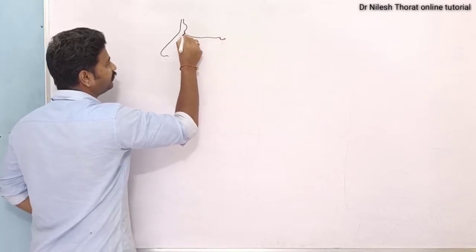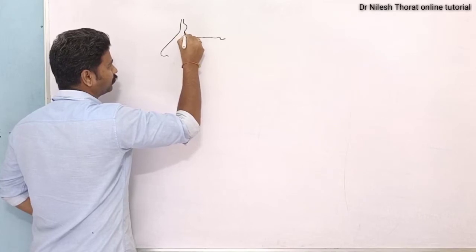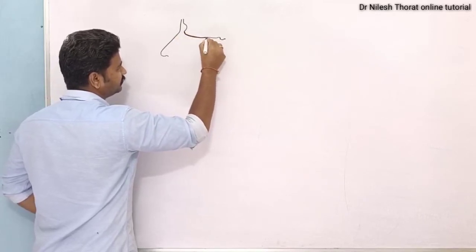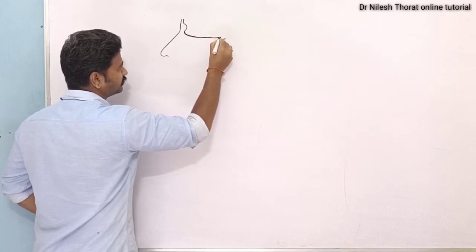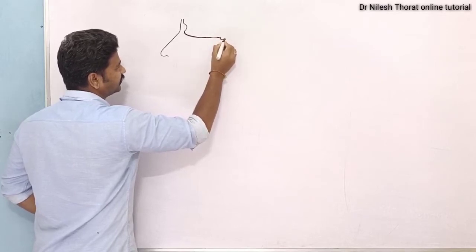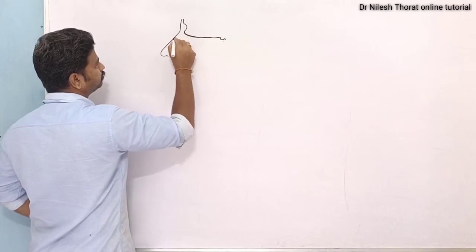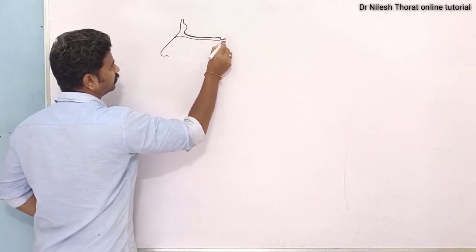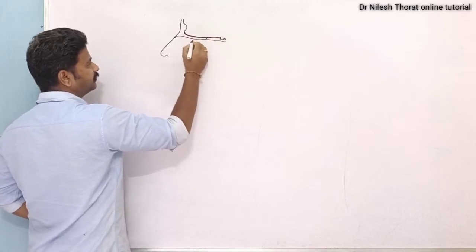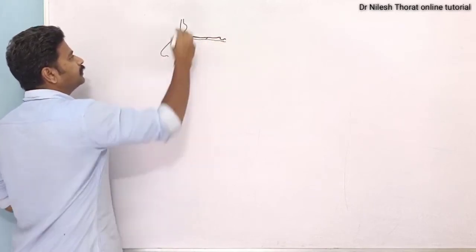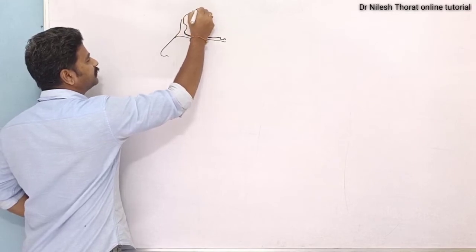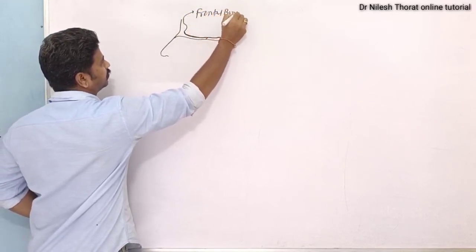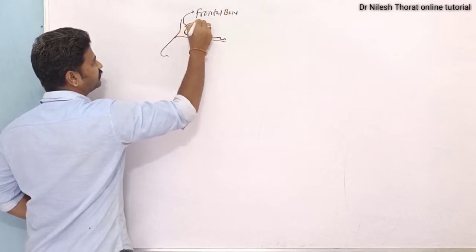So this is a cribriform plate of ethmoid bone, and this is the sphenoid bone which is having this depression called as sella turcica. So this is how it will look like. So this much is a cribriform plate. This is a frontal bone which is having this frontal sinus.